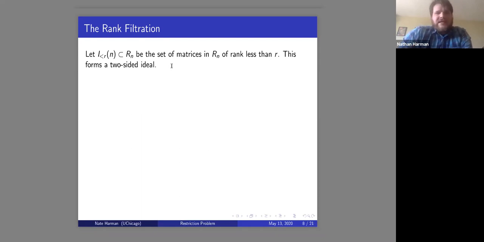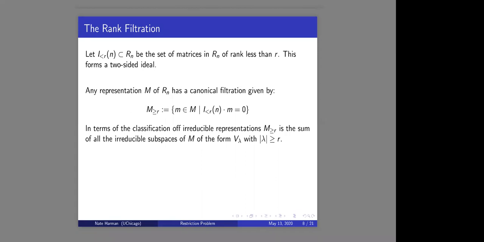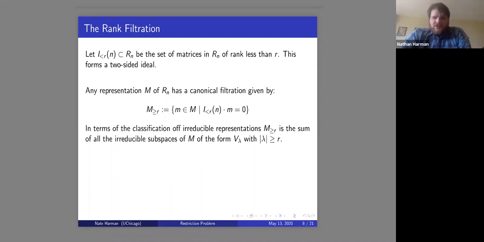I have these ideals of partial permutation matrices of rank less than some R, and so we get a filtration on any Rn module, where we look at which vectors in the representation are killed by these ideals.